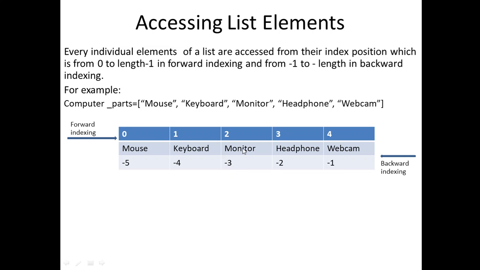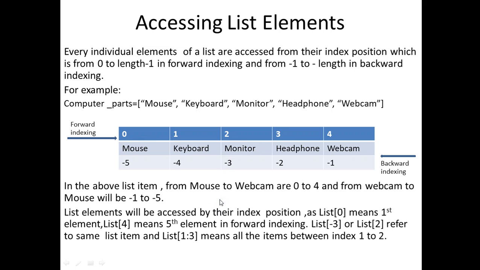So there will be two index numbers, forward and backward, 2 and minus 3, which represent the third element of the list. The third element in forward will be 2 because it starts from 0, and the third element from the backward will be minus 3. So in this way, whenever a list is created, its index will be like that only. So we will see it through the example.